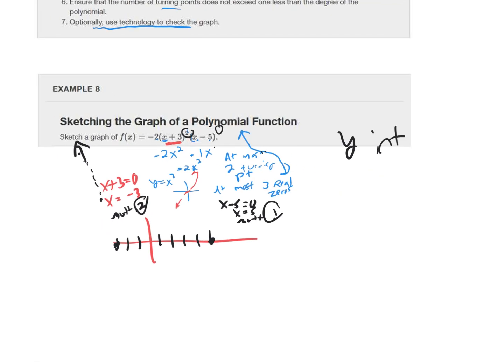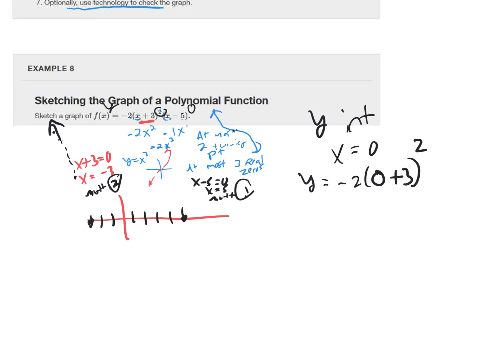Remember what that means? X has to be 0. So let me call that y and say y has to be negative 2 times 0 plus 3, 0 plus 3 all squared, times the x minus 5.